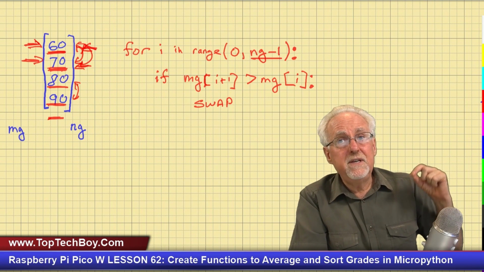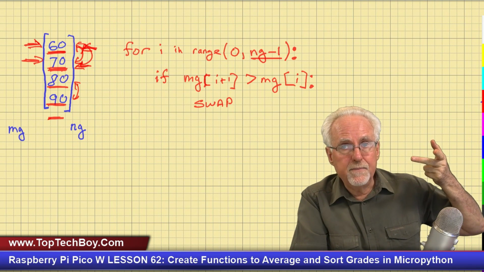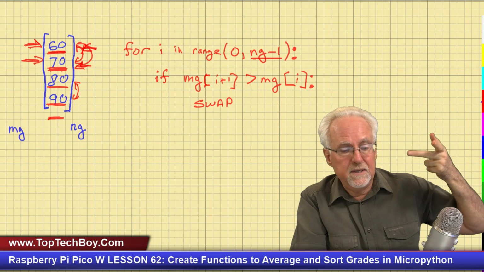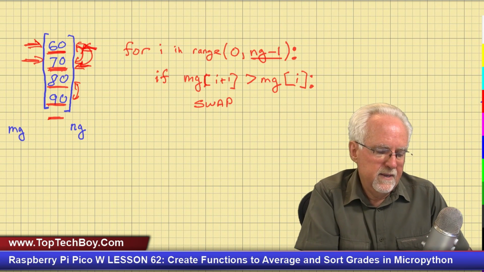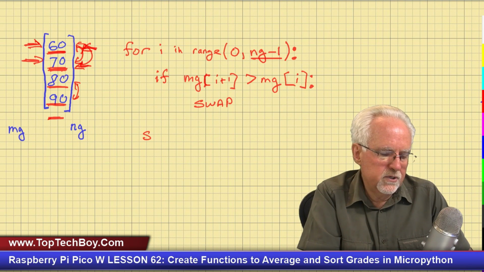So 70 is greater than 60, I would swap them. But if it was 70 and 60, then it's already in the right order. I wouldn't swap.